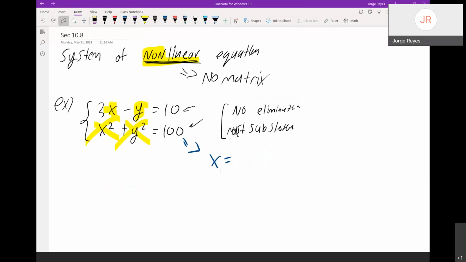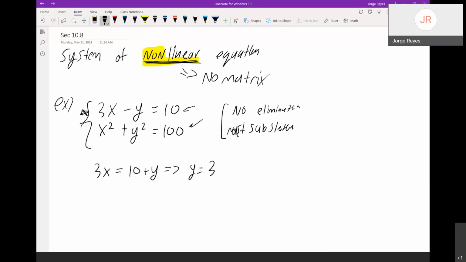All right, so instead what you want to do is you want to solve for one of the linear terms. Okay, so here I'm going to pick, I don't know, I'm going to pick a y. Okay, so solve for y. So 3x equals 10 plus y, so y equals 3x minus 10.